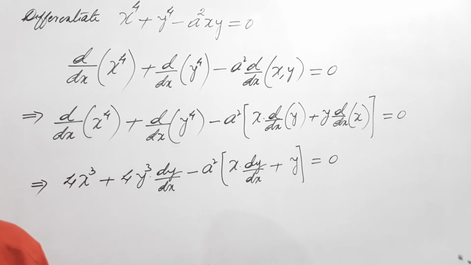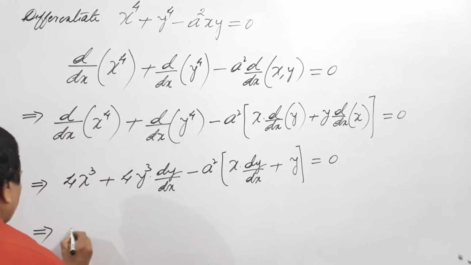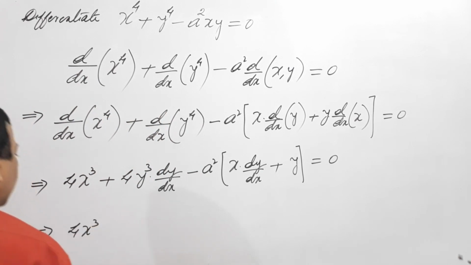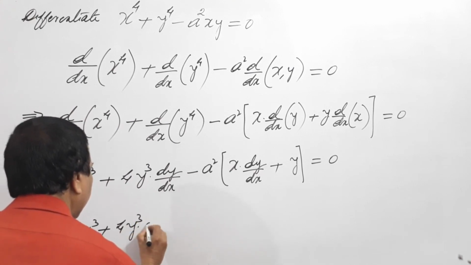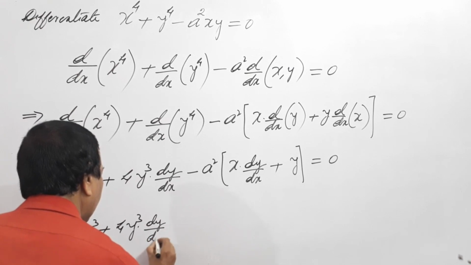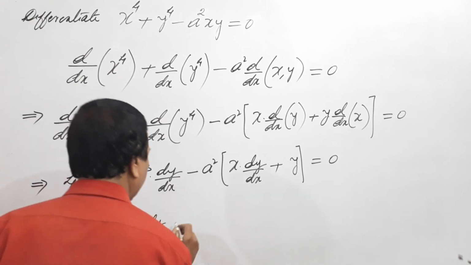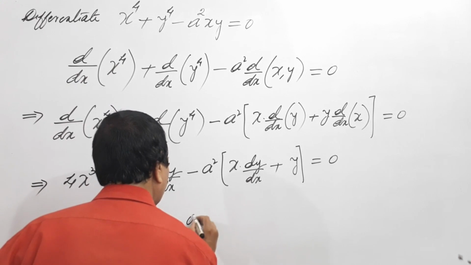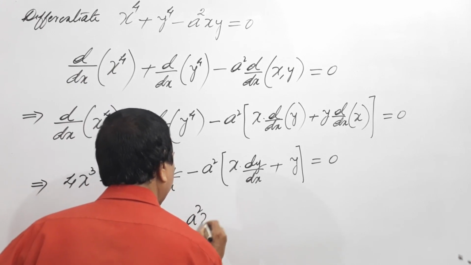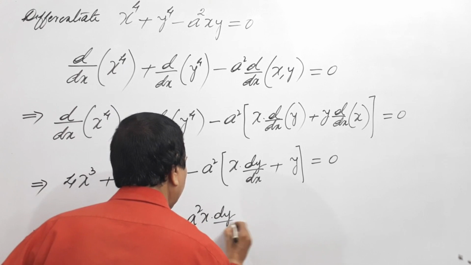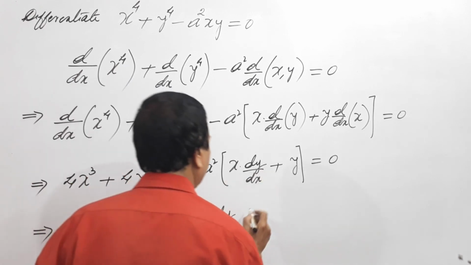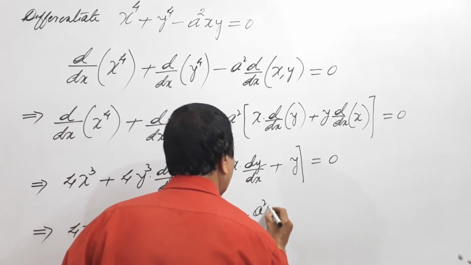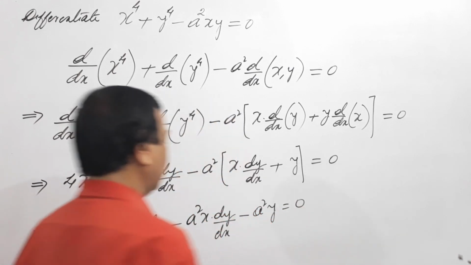So next step, that is 4x cube plus 4y cube into dy by dx, minus a square x into dy by dx, again minus a square y equals 0.